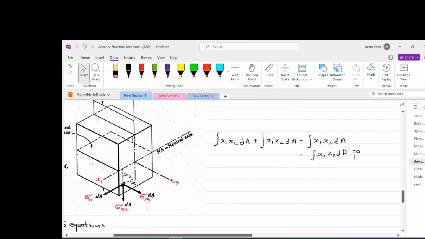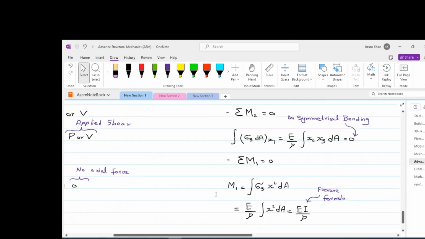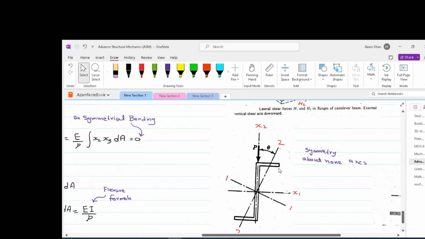In case of a rectangular area, the neutral axis and the principal axis coincide. However, there can be cross sections whose principal axis and neutral axis don't coincide. Let us check them out. Imagine we have got a Z section.